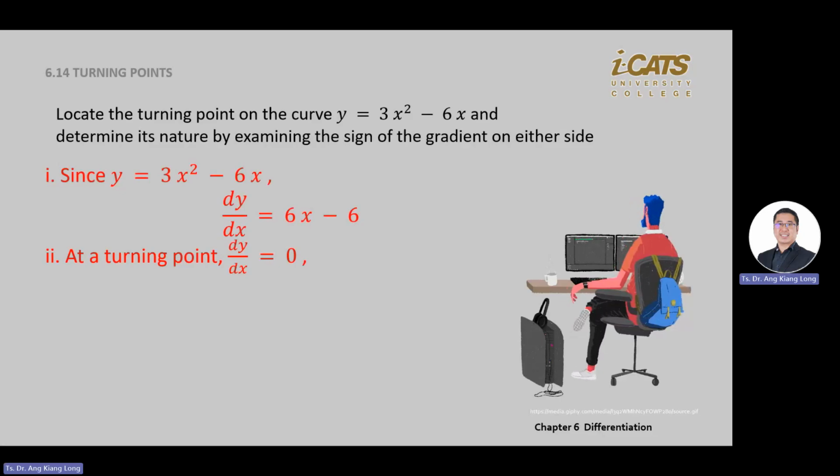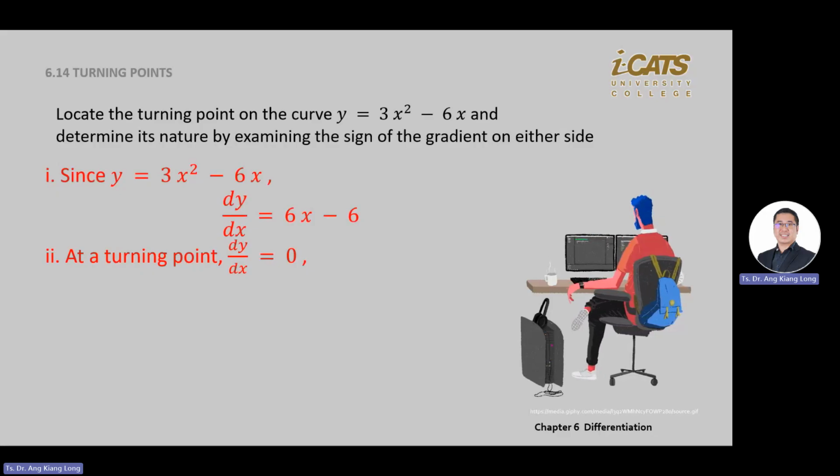So you know that at a turning point, maximum or minimum, the gradient is 0. Inflection cannot be 0. Inflection either continues going up or continues going down, so at an inflection dy/dx is not 0, unless you get a flat line.